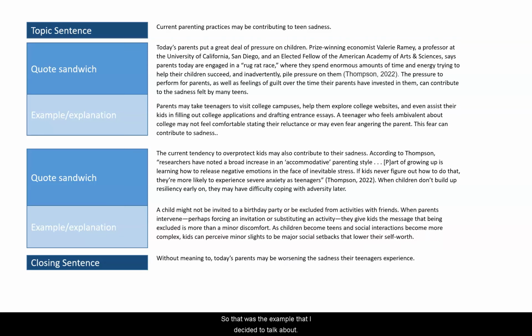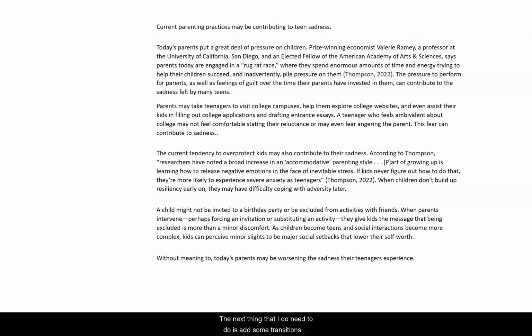So that was the example that I decided on, talking about the way that sometimes kids' feelings get hurt. So now I have really built up a solid structure for this paragraph, right? I have a topic sentence, a quote sandwich with an example, another quote sandwich with an example, and a closing sentence. Now, the next thing that I do need to do is add some transitions for my reader.